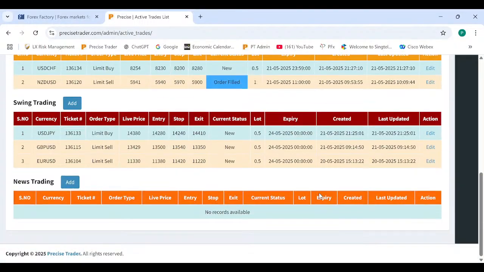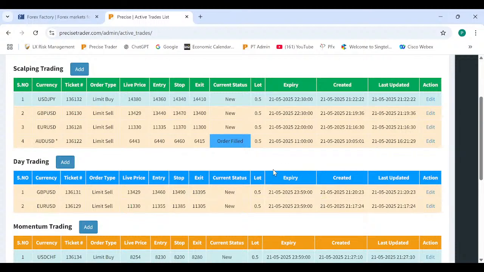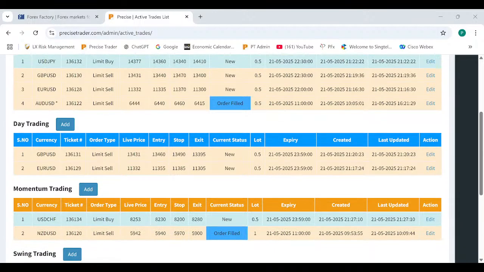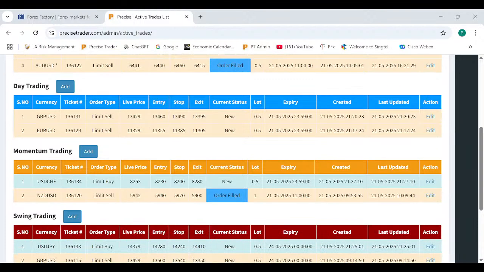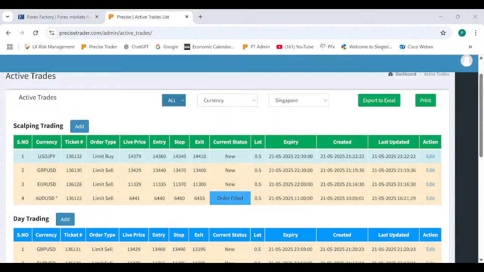Altogether there are three open positions: gold, New Zealand, Aussie. The euro, we are waiting for that to get filled. Okay, so these are the three trades which we are seeing.